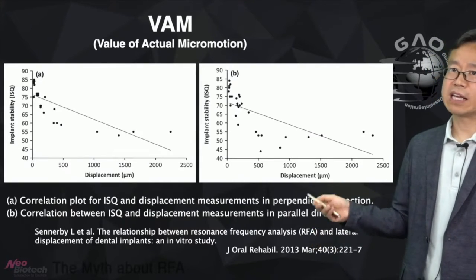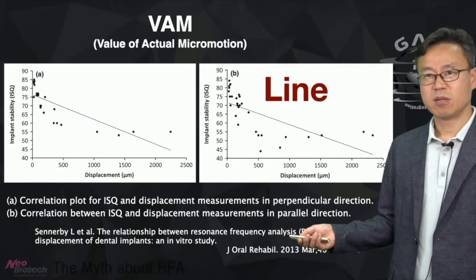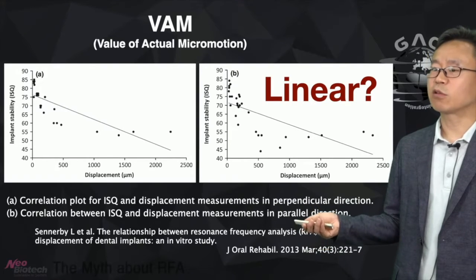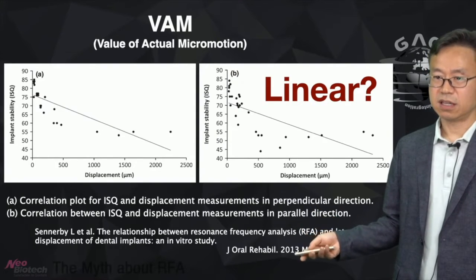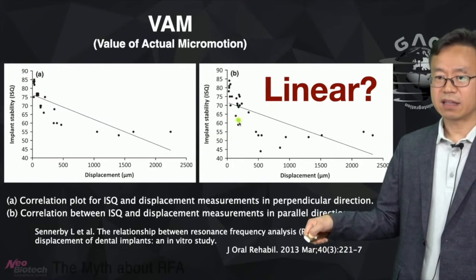There was a correlation between these two parameters, but the correlation was not quite linear. This curve looks more like an exponential curve. It's not a linear curve.